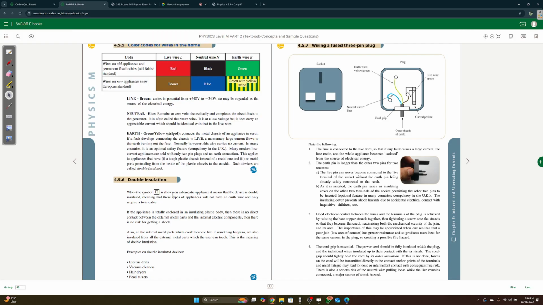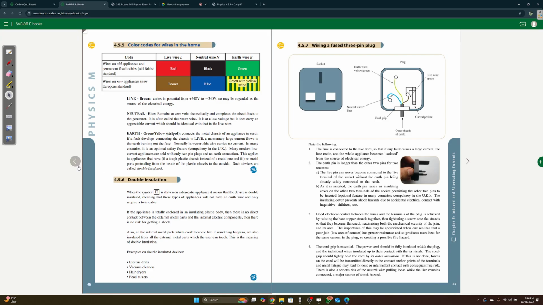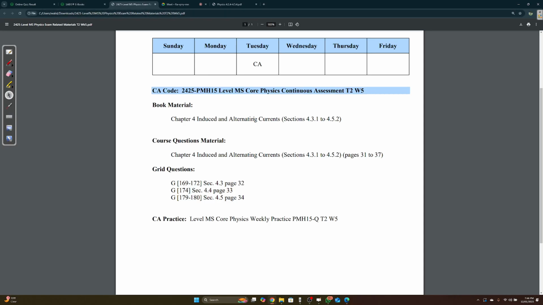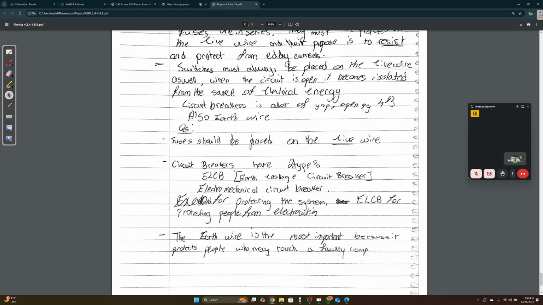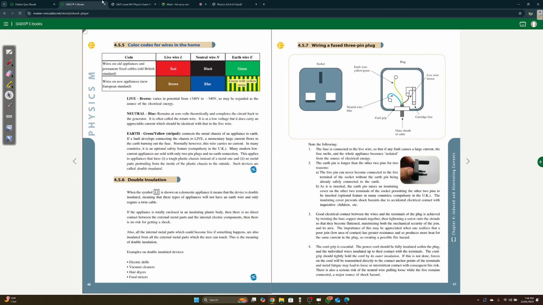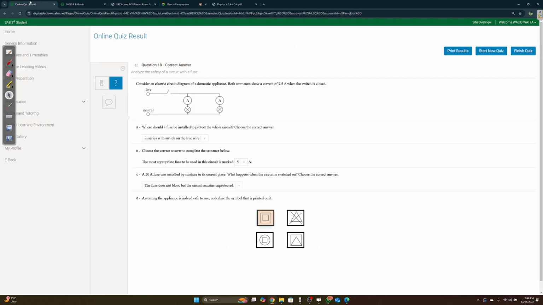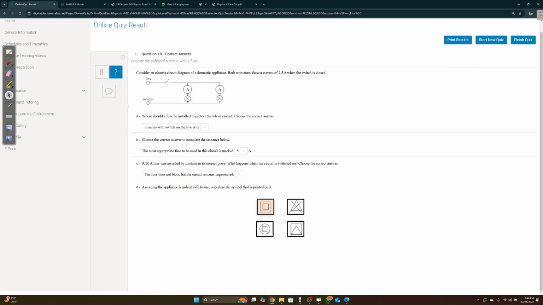It's in 4.5.6, and it's the symbol for double insulation. I know this because I saw it in a previous exam, but actually it's not required for our material because we only have till 4.5.2. So when something is safe to use, this is the symbol and it means it's double insulated.